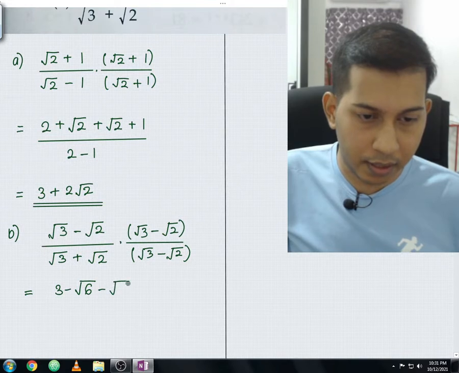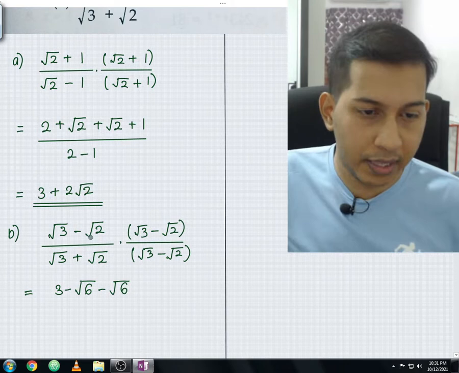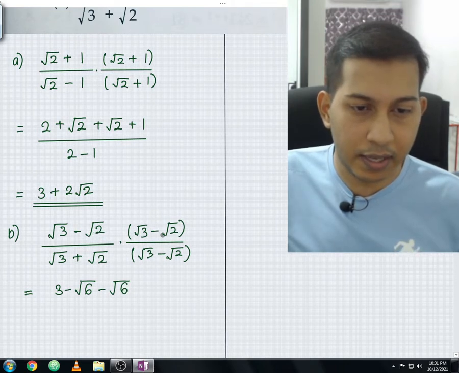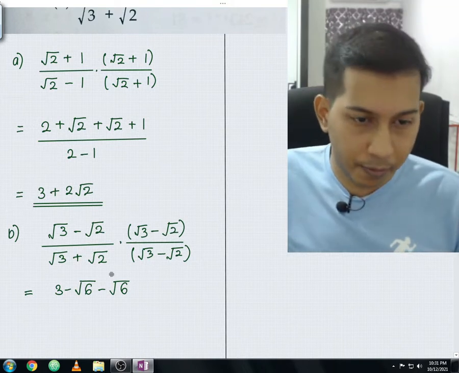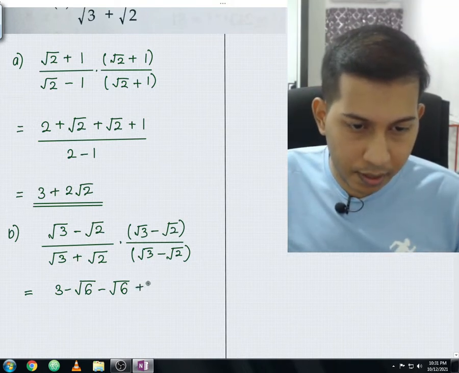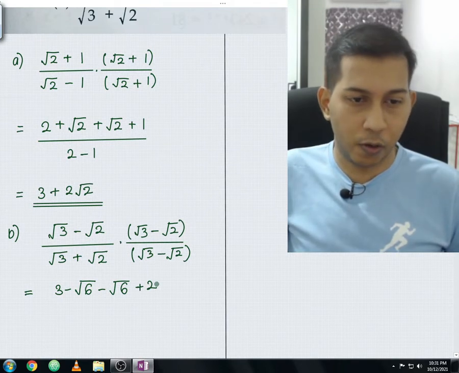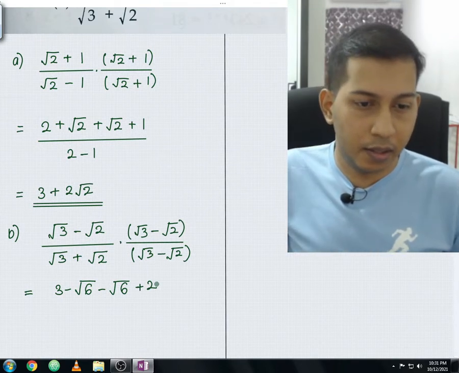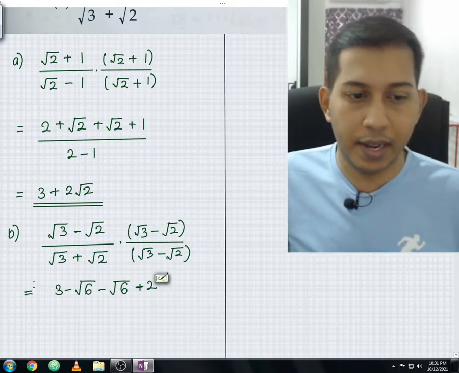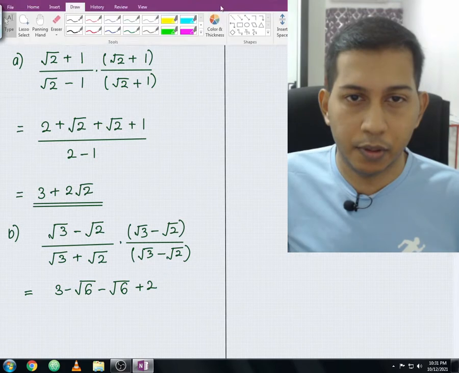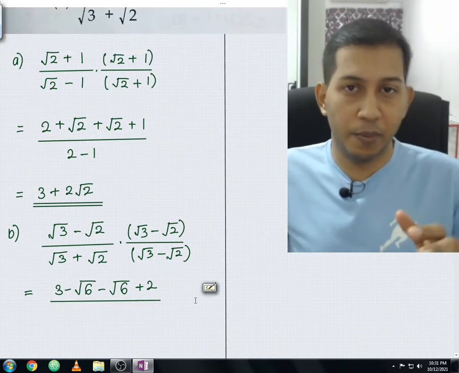Negative √2 times negative √2, you should get positive 2. I hope I made myself clear for this. So let me underline the numerator, and now we focus on the denominator.